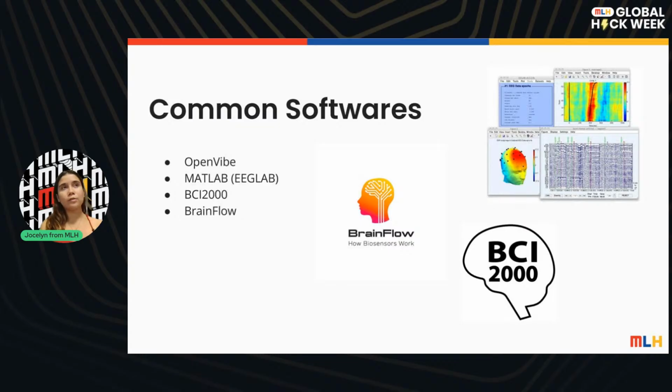That one is not related to specific hardware. It's also very open, like OpenVibe. And there's also BrainFlow, which is also another cool one. It's also used for brain-computer interfaces. This is just a list of some of the examples that are out there, but there's definitely more.